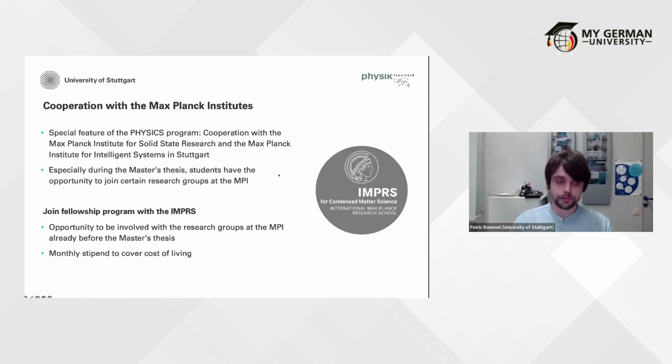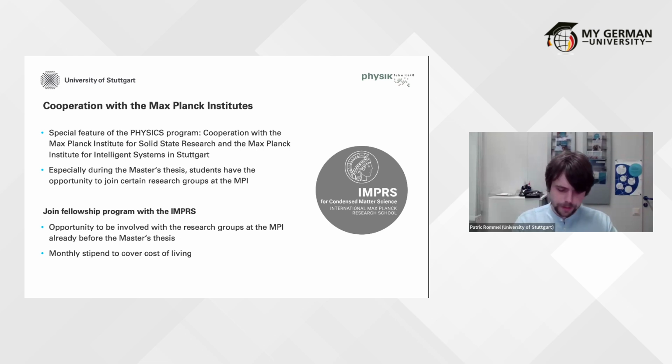Yes, I also want to point out again the special cooperation with the Max Planck Institutes. This is a special feature of the physics program. As I mentioned earlier, you can do your master's thesis not just at the institutes of the university, but also with certain research groups at the MPI.